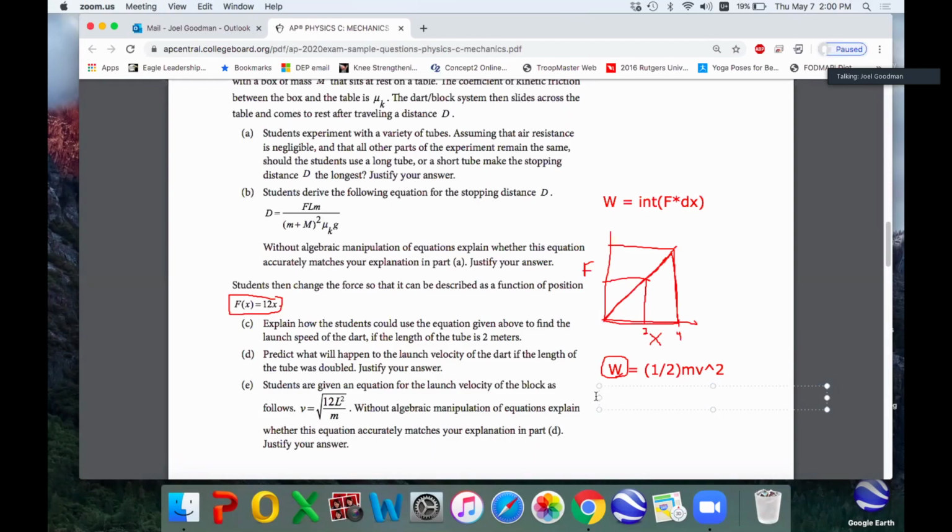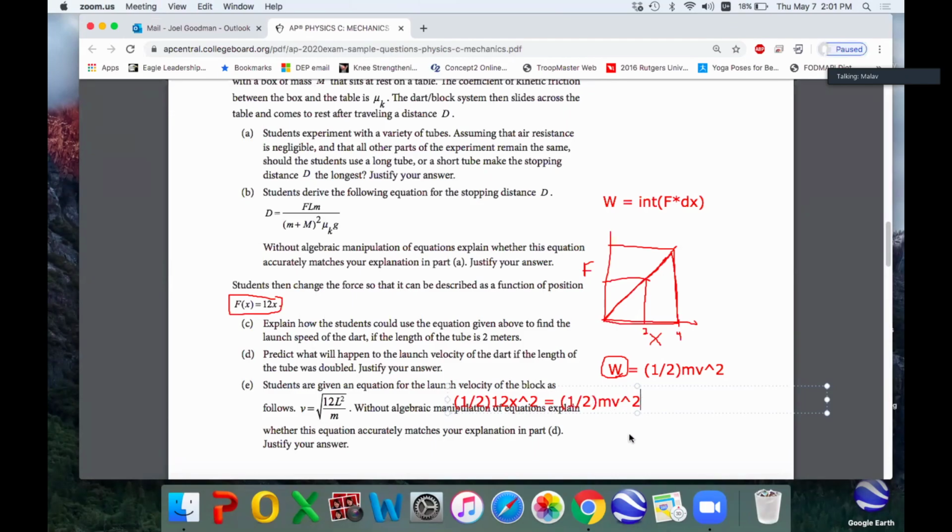So the work would be equal to 1/2 times 12 x squared, and then that's going to be equal to 1/2 mv squared. Now, we saw this in one of my last problems with a spring, that if you double the distance of the spring, you're doubling the velocity because there's a square on both sides.